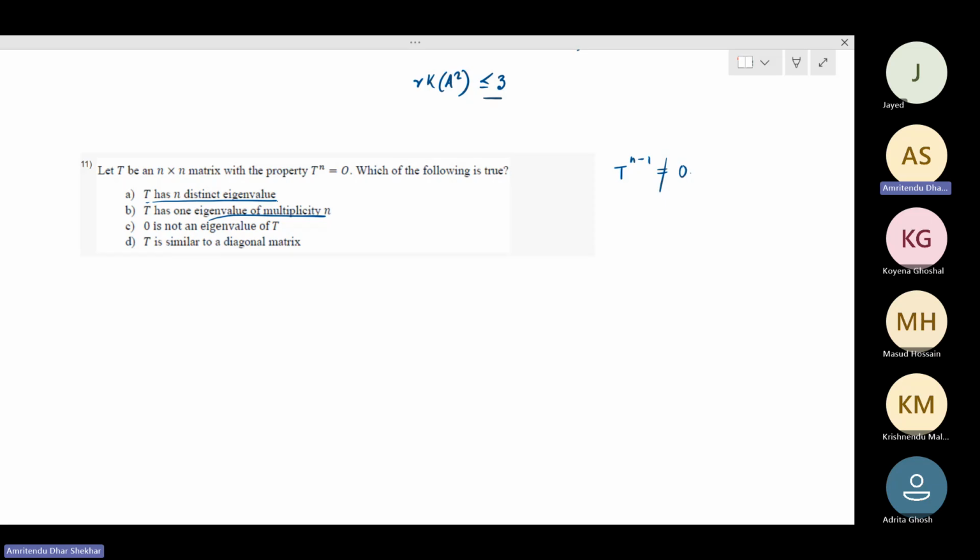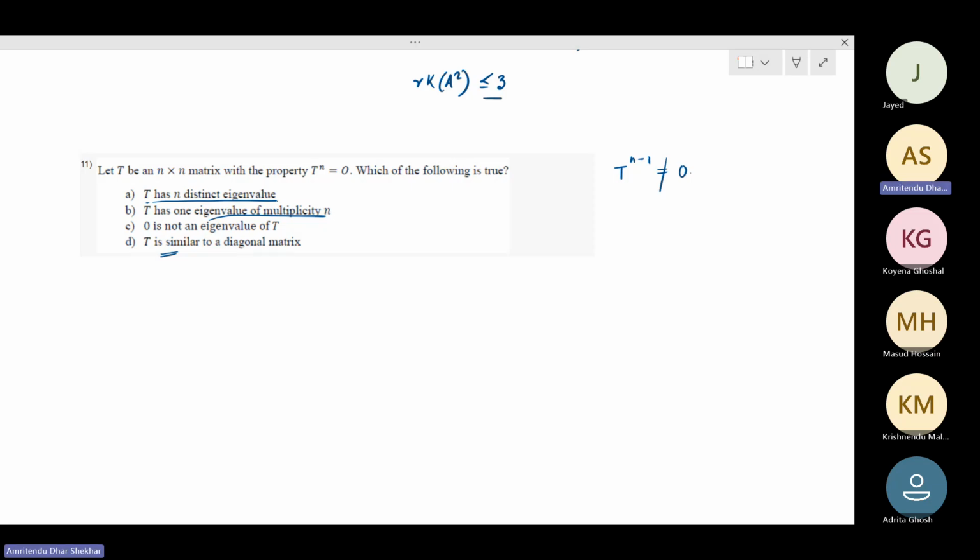0 is definitely an eigenvalue of T, and T is similar to a diagonal matrix. This statement is also false. Okay, why is this statement false? Well, this T to the power n is equal to 0.